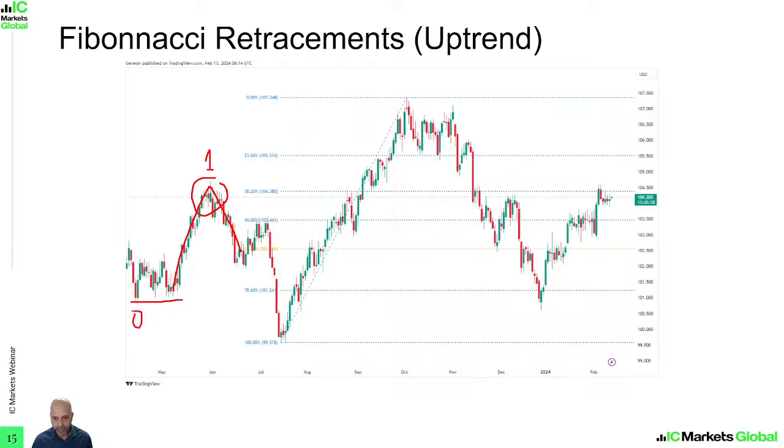So that means we would start our Fibonacci retracement from point 0 over here and end it at point 1. So all the subsequent retracement levels that come up would highlight potential support areas. Alright, so this is what we mean by significant swing lows. Over here, this is a significant swing low. This is a swing high.